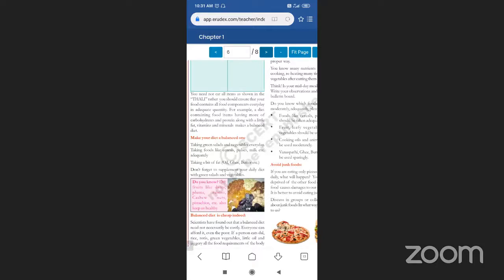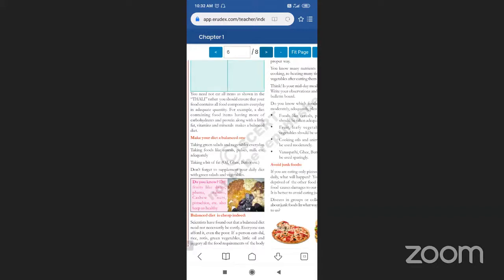Micro means those taken in less quantity. Here in the picture, dry fruits, dates, cashew nuts are some of the examples given. These dry fruits we take in our daily life in a less quantity.